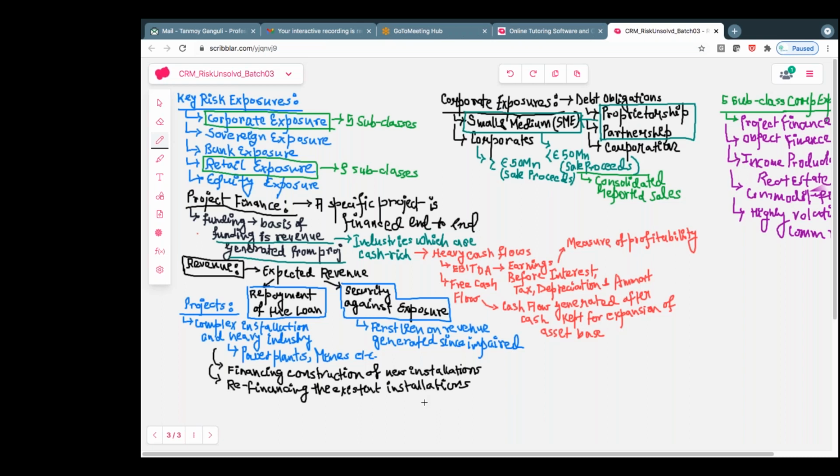Okay. Now the question that comes over here is, if I have to define an exposure, one very important thing that I need to talk about is the payment. So how does the stream of the payments come in when we are talking about project finance?